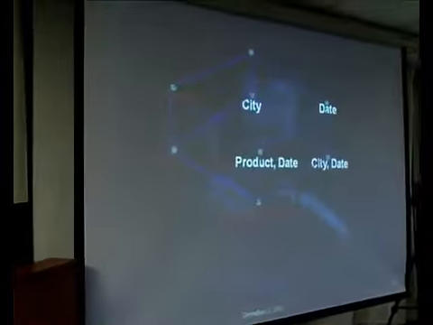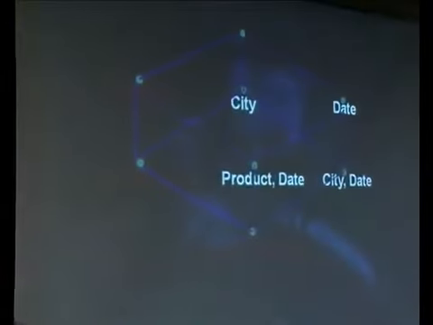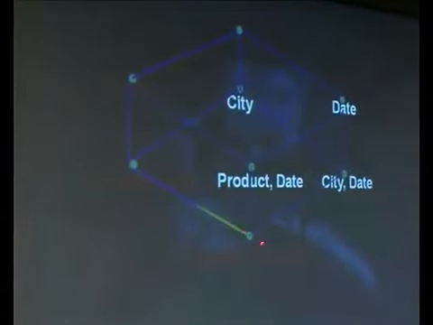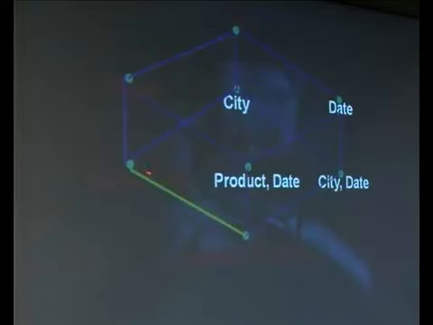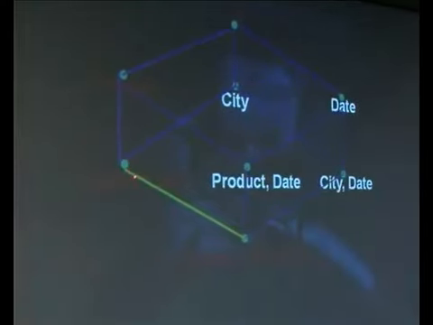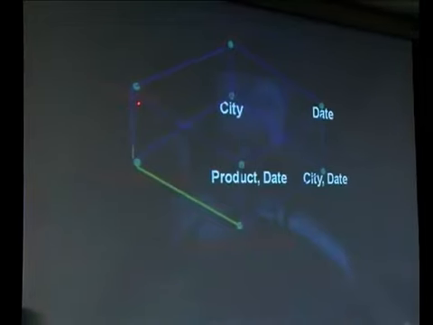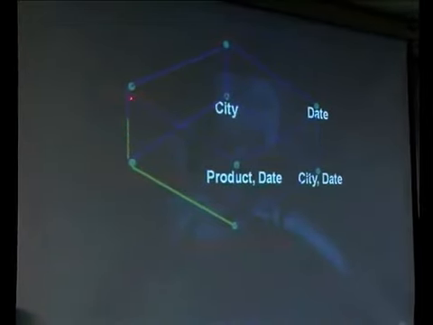So if you observe this structure, from this we are computing the aggregations at this level, and then from this we are going to compute the aggregations at the next level, sales for each product.